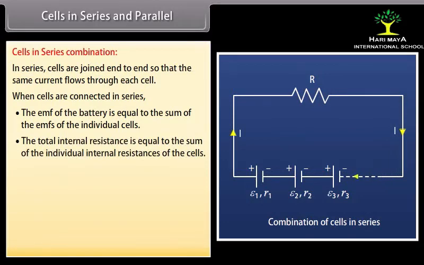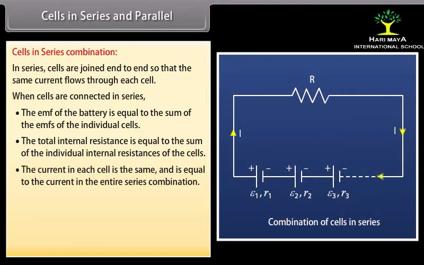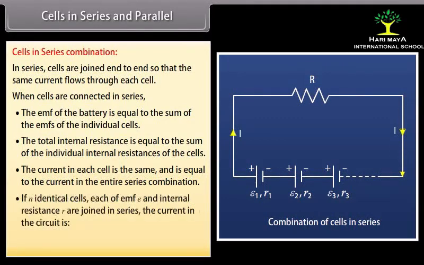The total internal resistance is equal to the sum of the individual internal resistances of the cells. The current in each cell is the same and is equal to the current in the entire series combination. If n identical cells, each of EMF E and internal resistance R, are joined in series, the current in the circuit is equal to nE divided by (R + nr).